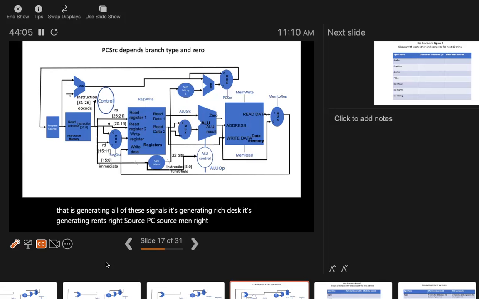How does it generate them? It takes in the opcode. Depending on the type of opcode, it generates all of those signals. For example, if it is an add or R-type instruction, these control signals will be given specific values. If it is a load word instruction, these different signals will be given specific values.